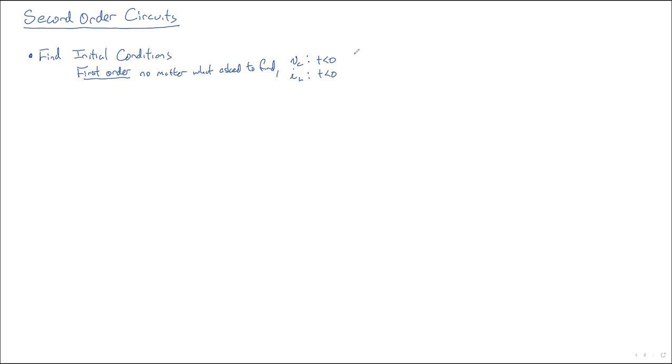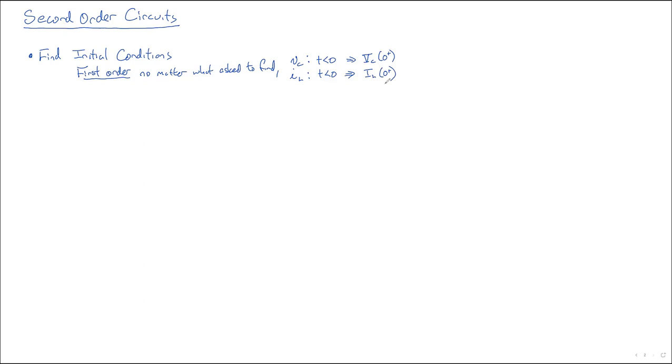And these were important because if you know what V sub C is for time less than 0, using the principle of voltage continuity across the capacitor, you now knew what V sub C was at 0 plus. This is the same thing as what V sub C was for all time less than 0. Similarly, using current continuity through an inductor, if you knew what the current was for time less than 0, that had to be the same as the current at 0 plus.